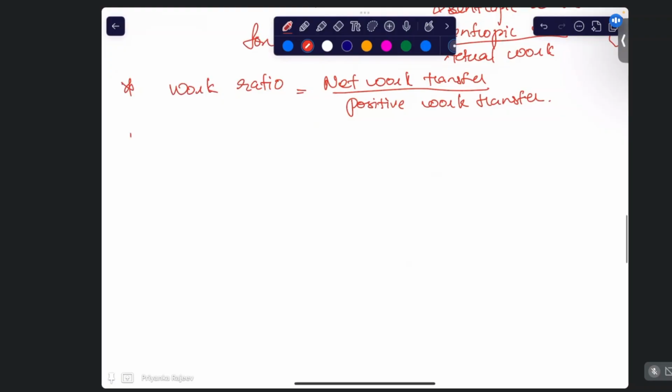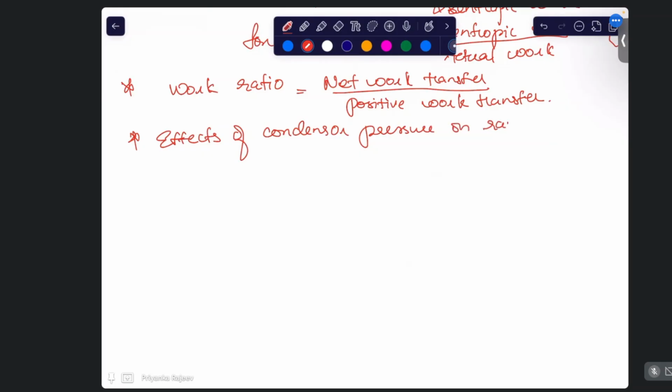Now, next is effects of condenser pressure on Rankine cycle. If you lower the condenser pressure, then cycle efficiency will increase.